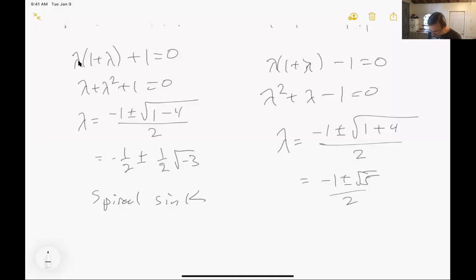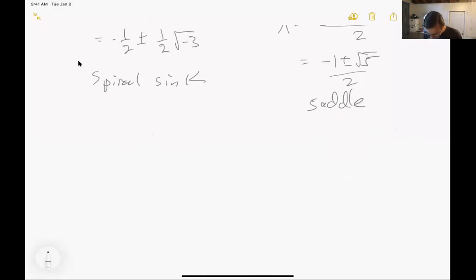Root 5 is bigger than 1. So when we add root 5 to negative 1, we get a number that's positive. And when we subtract root 5 from negative 1, we get a number that's negative. So we have a positive and a negative real number. So hopefully you all have that drilled into your head at this point, that is a saddle. And so at the odd multiples of pi, we have saddles. And at the even multiples of pi, we have spiral sinks.